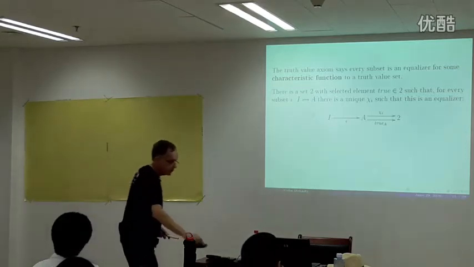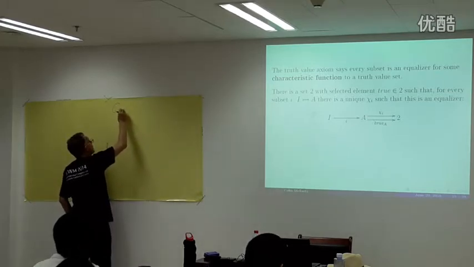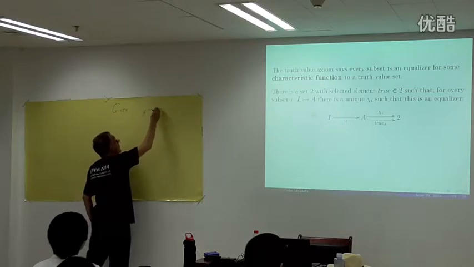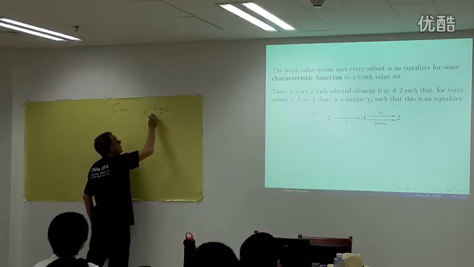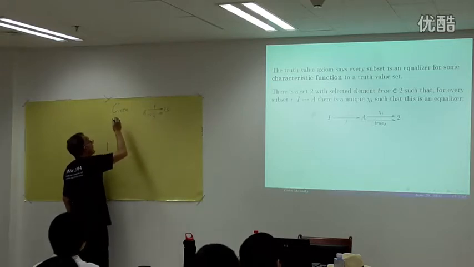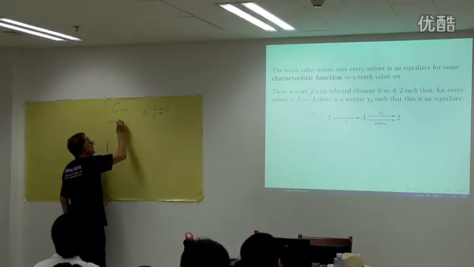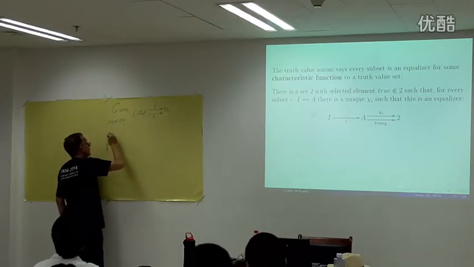Given A, f to B, and g to B, we'll suppose we're given an equalizer, so E is an equalizer of that.